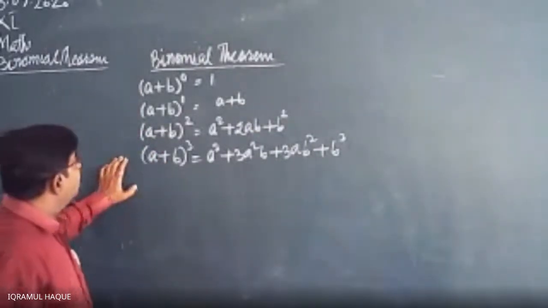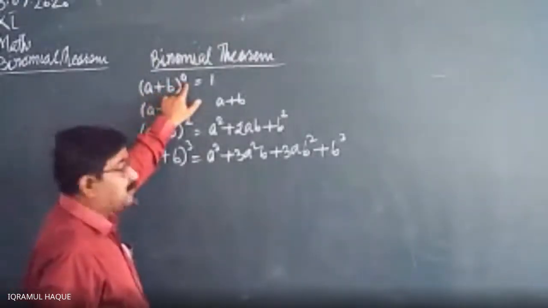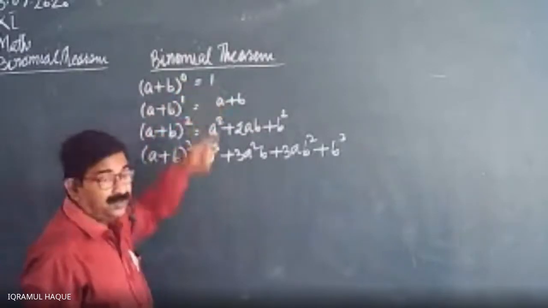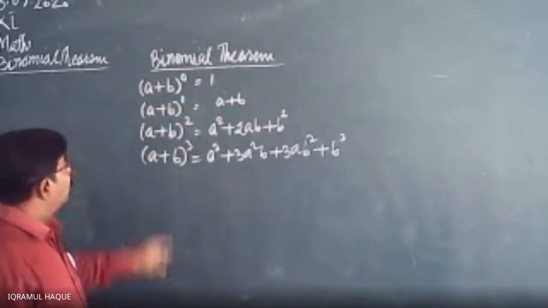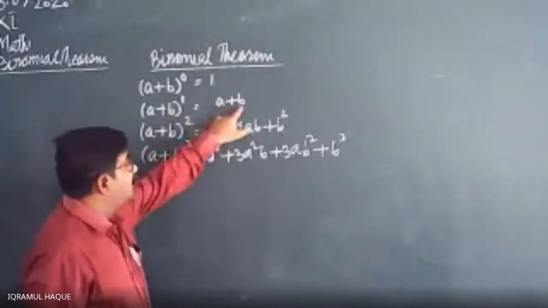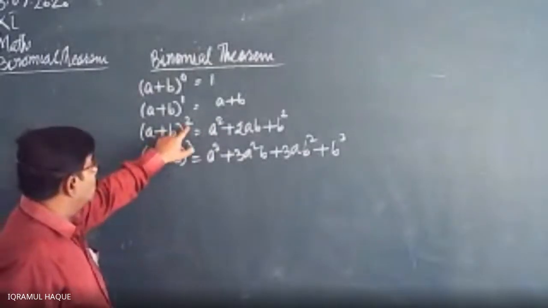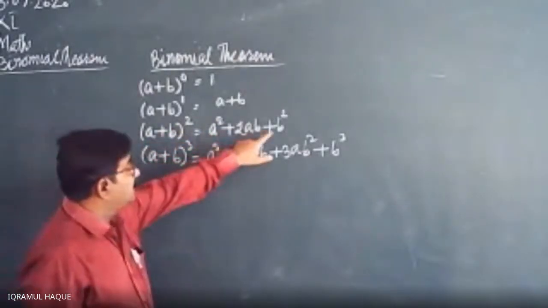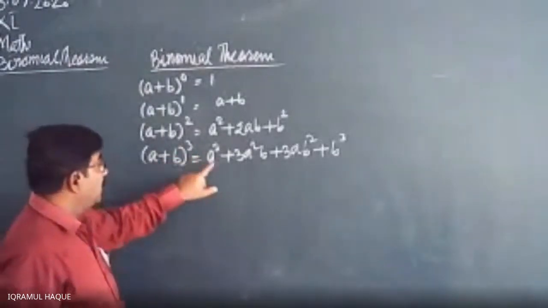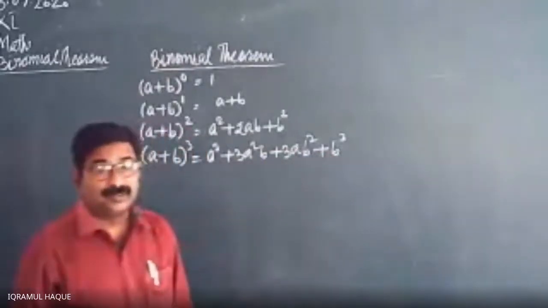Observe, we see that when we have exponent 0, then we have one term in the result. We have exponent 1, then we have two terms in the result. When we have exponent 2, then we have three terms in the expansion. When we have exponent 3, we have 1, 2, 3, 4 terms in the expansion.